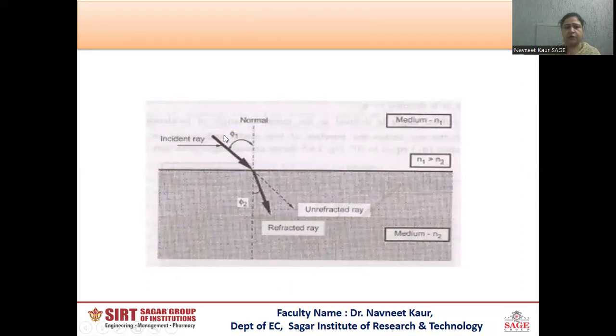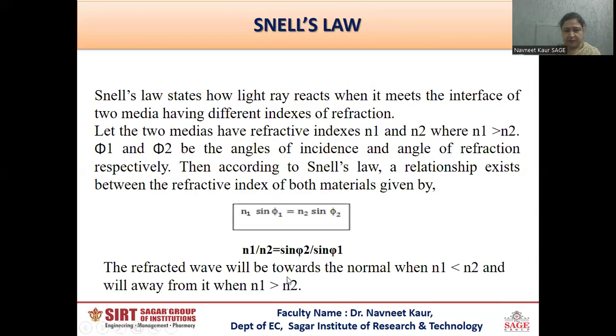So here we conclude, which I have followed from this equation, that if n1 is less than n2, then phi2 is also less than phi1, because this is a constant ratio. In that case, n1 is less than n2.